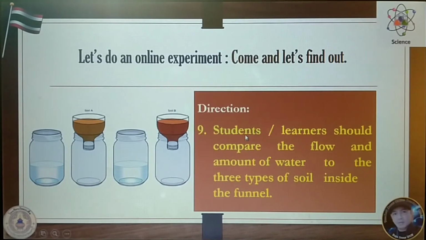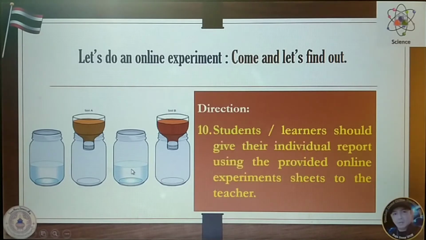Number 9, students, learners should compare the flow and amount of water to the 3 types of soil inside the funnel. Number 10, students, learners should give their individual report using the provided online experiment sheets to the teacher.